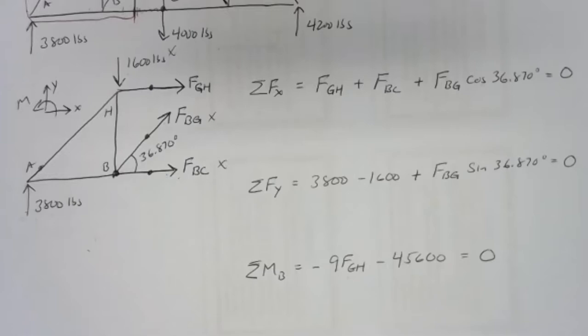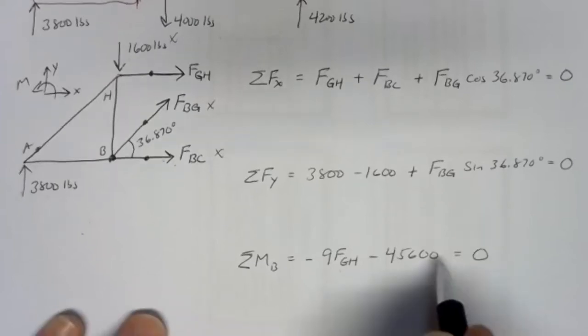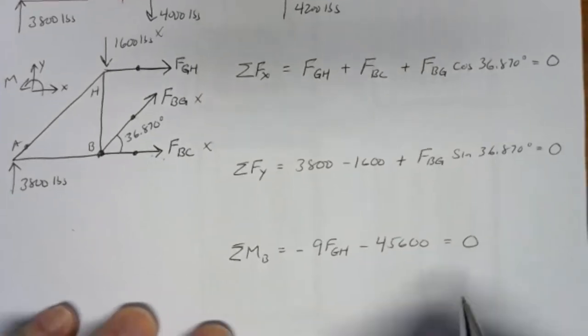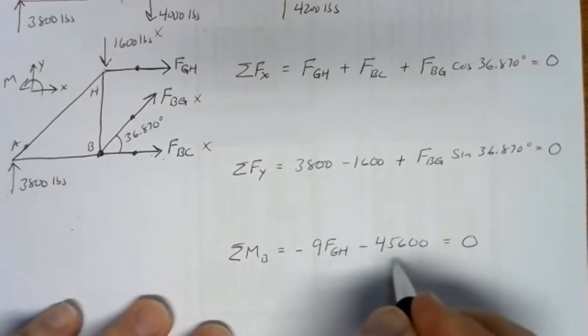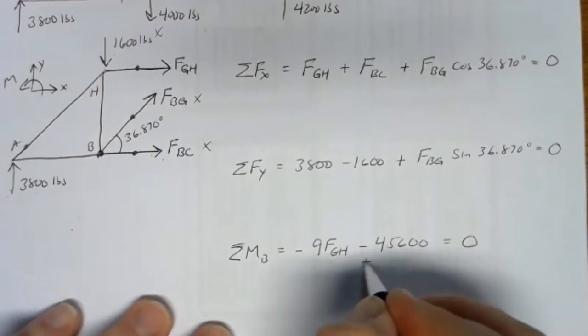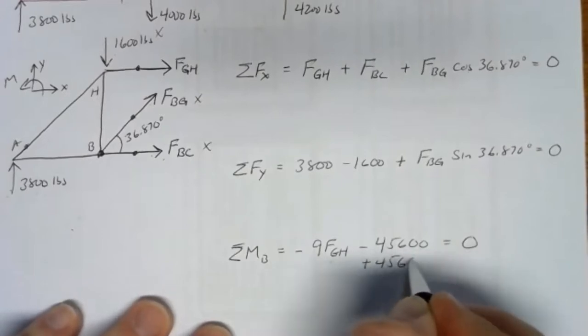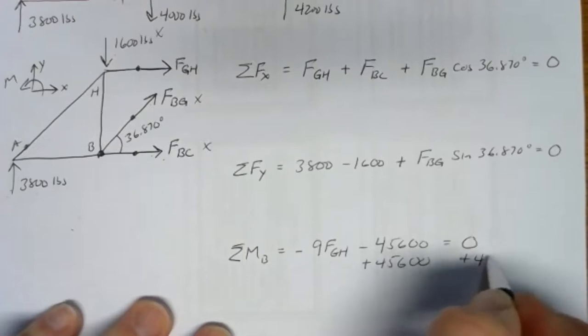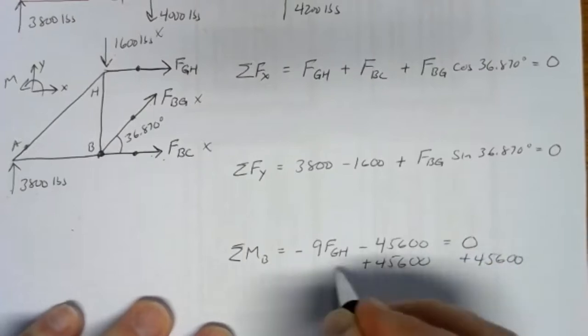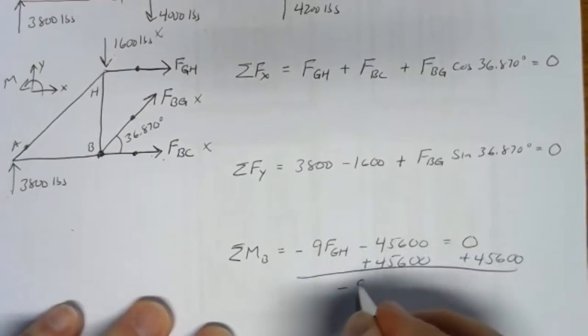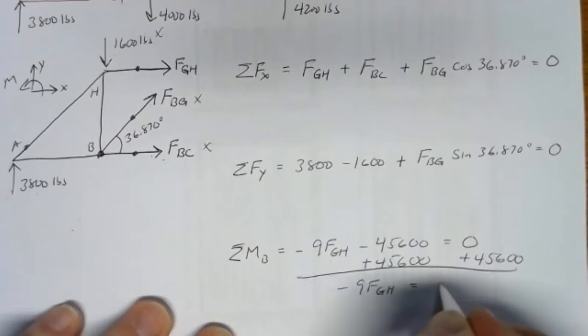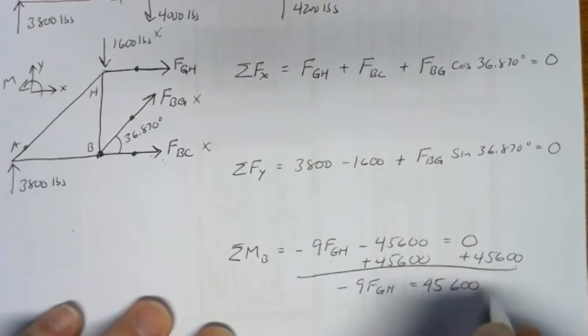So let's see what we've got here. Let's solve our moment equation. That looks like the easiest one to solve here. And be careful with your signs. Don't get lost in the signs. Work it out step by step if you have to. Add 45,600 to both sides. We get minus 9 FGH equals a positive 45,600.